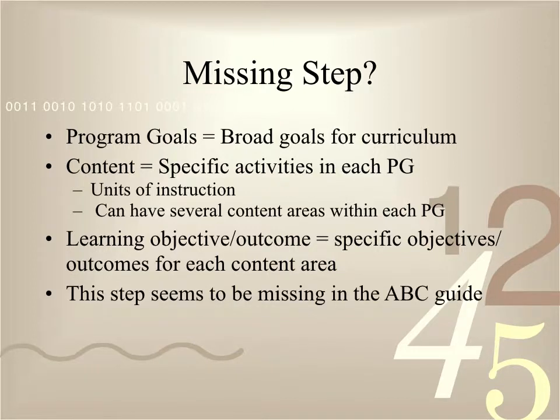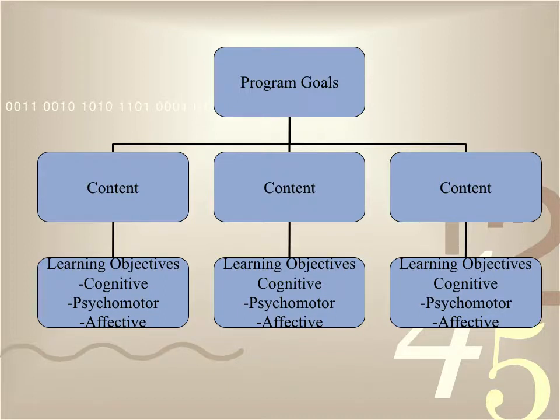This step seems to be missing in our ABC guide. I think it's implied, but it just is not specific enough to me. So I want to make sure that we cover all these areas in this presentation and when we're developing our curriculum. So let's look at it.